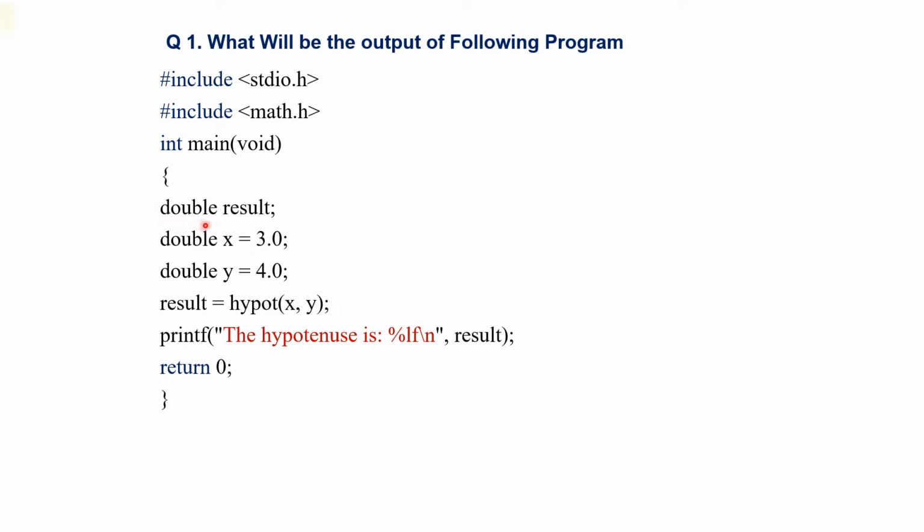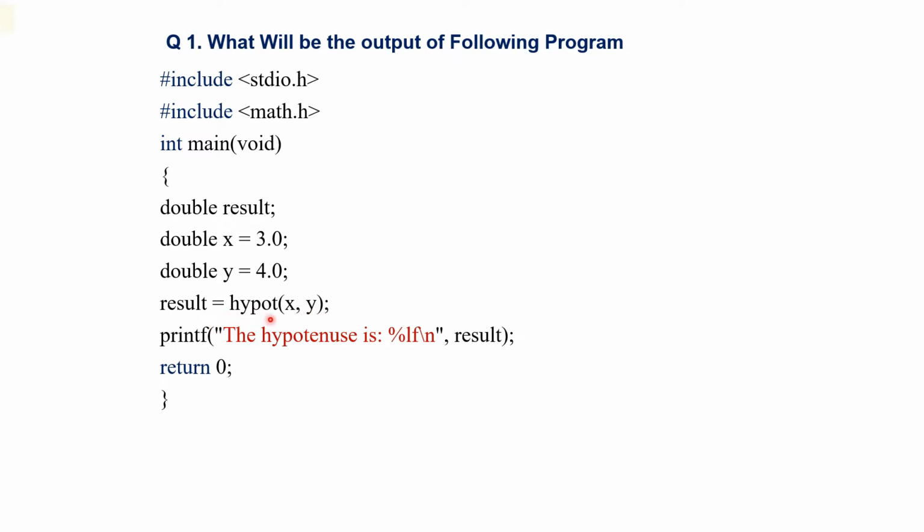Here in this program, a double variable result is declared, and two double variables x and y are declared and initialized with x equal to 3.0 and y equal to 4.0. The next statement is the assignment statement where the hypot function is used. What does this function do?